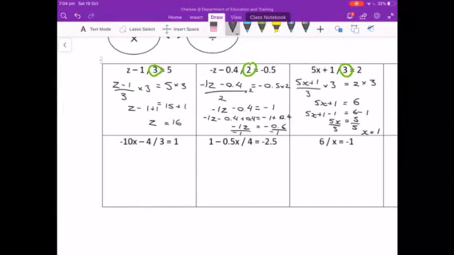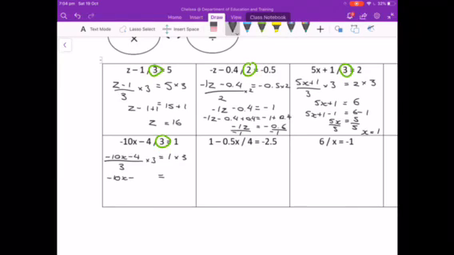Next question. Negative 10x take 4 divided by 3 equals 1. Again, deal with that last step. So we have to multiply both sides by 3. We're left with negative 10x take 4 equals 3. Again, working from the last part of the equation, take 4. The opposite of take 4 is adding 4 to both sides.